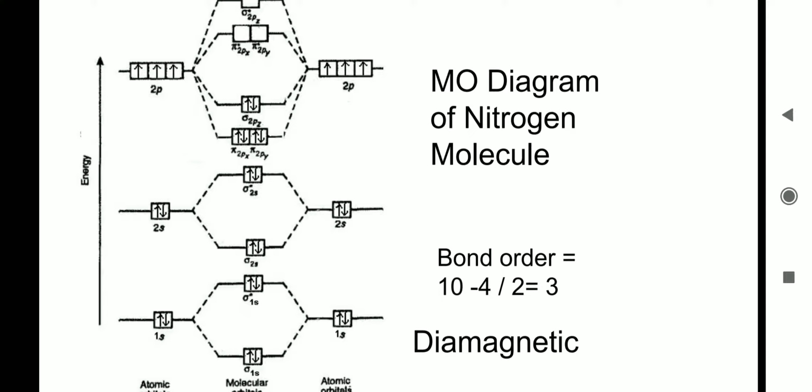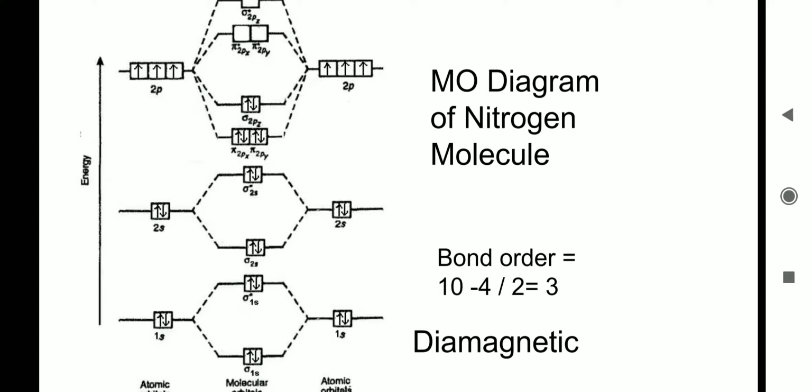Now let us calculate the bond order for this. Bond order is 10 minus 4 divided by 2. What is 10? 10 is the number of electrons in the bonding molecular orbitals. Now let us count where these 10 electrons are placed. 2 in sigma 1s, 2 in sigma 2s, and the rest 6 in pi 2px, pi 2py and sigma 2pz.